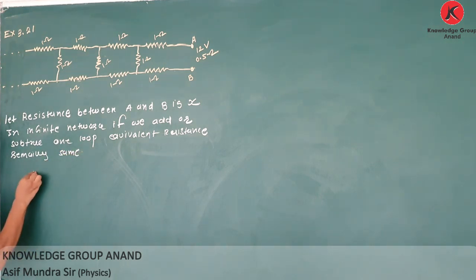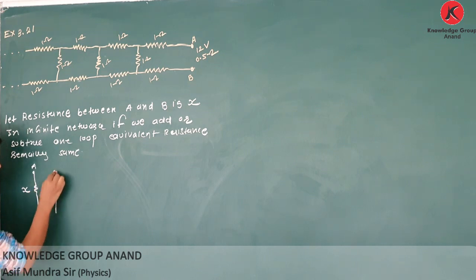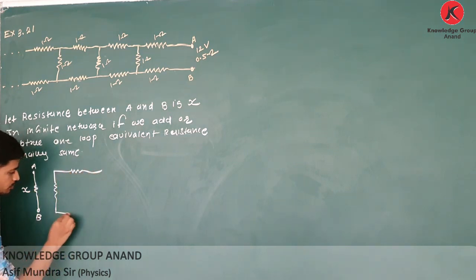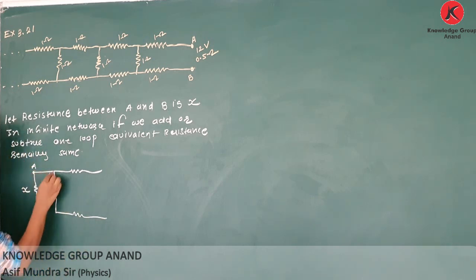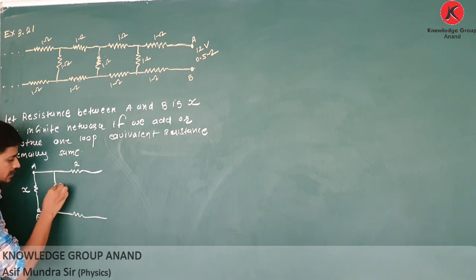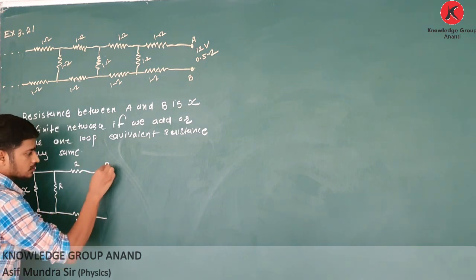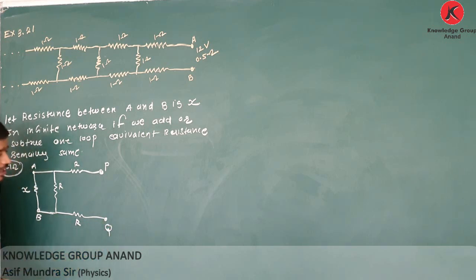Now what is the meaning of this? The equivalent resistance between A and B is X. Now if I add one loop with this A and B, here it is R, and here it is R. Now what is the value of R? R is equal to 1, and we form another loop with endpoints P and Q. Clear about this?